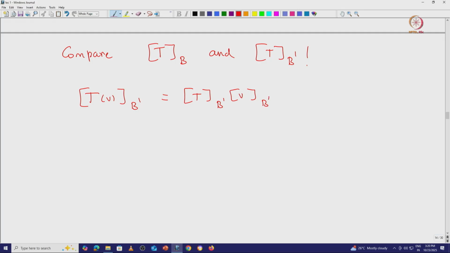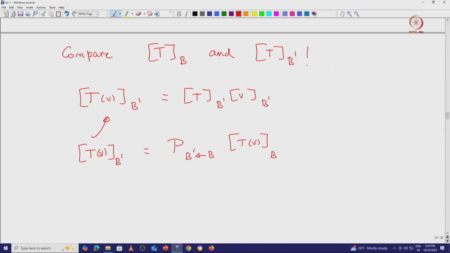On the other hand, we can write these coordinates in terms of the change of basis matrix. That means this vector's coordinates are given by the change of basis matrix times the coordinates of T V with respect to B. This is known already.